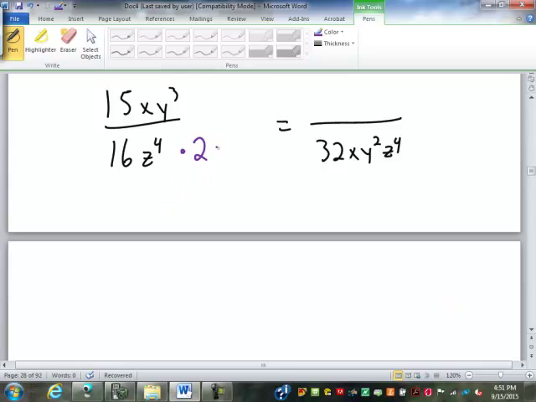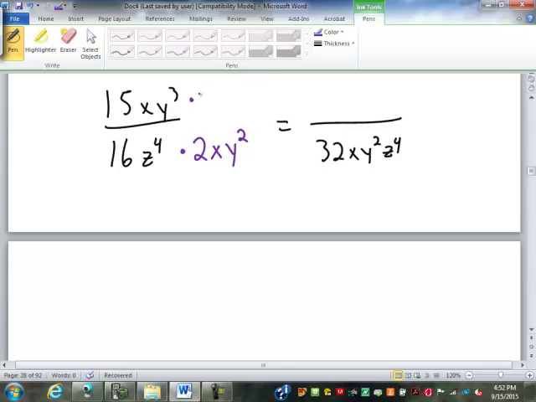2 for the variables, x, y squared. The z to the fourth and z to the fourth are already there, so we don't need to do anything to the z.